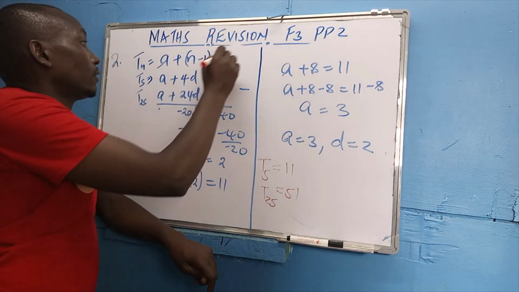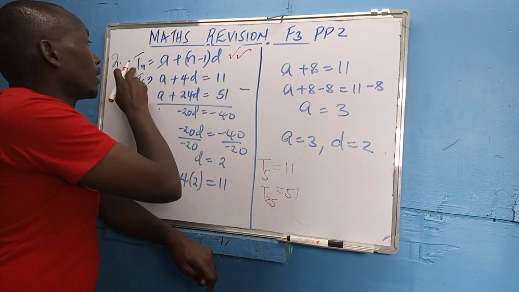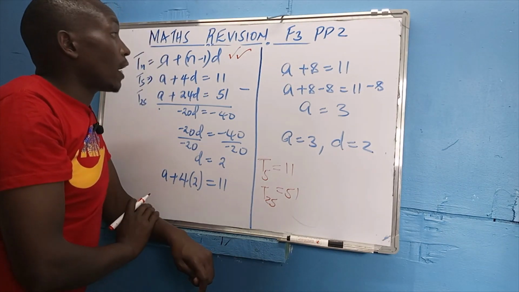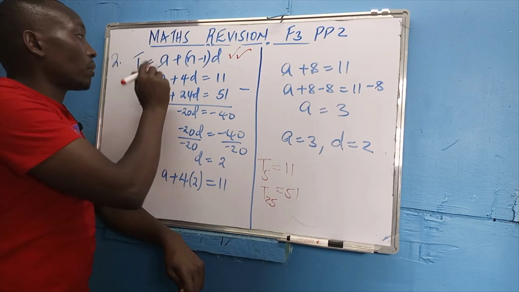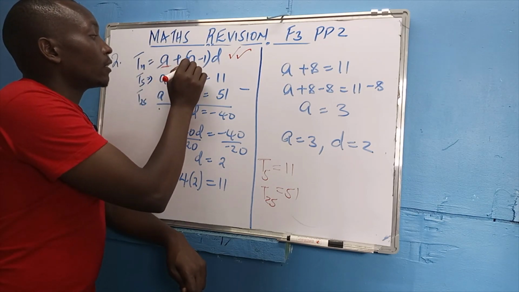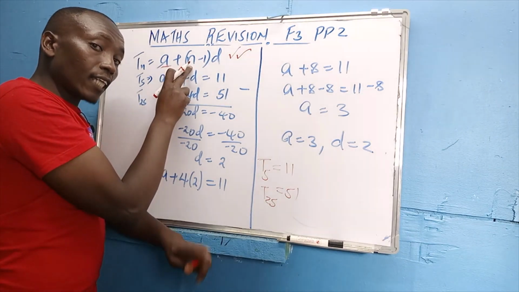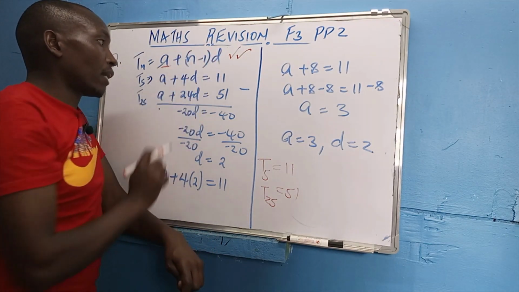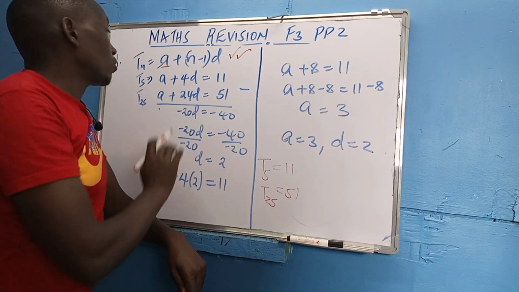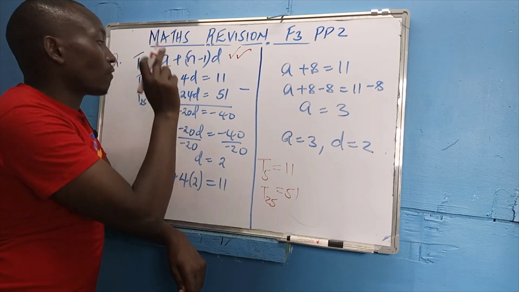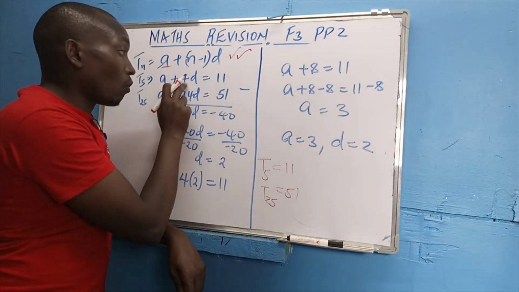And remember, this is the formula that the nth term of an arithmetic progression is given by the first term, a, plus n minus 1 multiplied by the common difference. So if they are talking of the fifth term, it is a plus 5 minus 1, 4d.